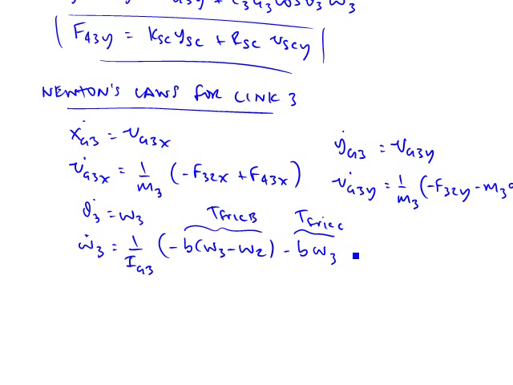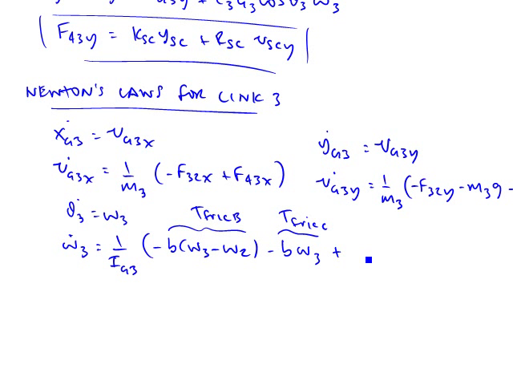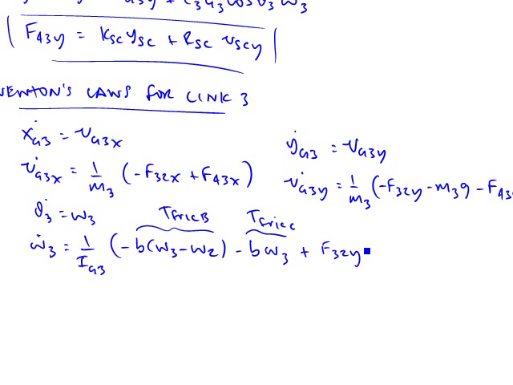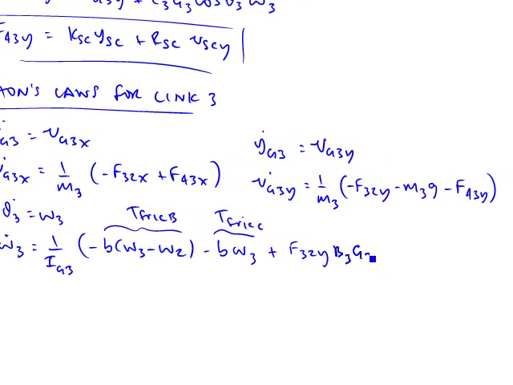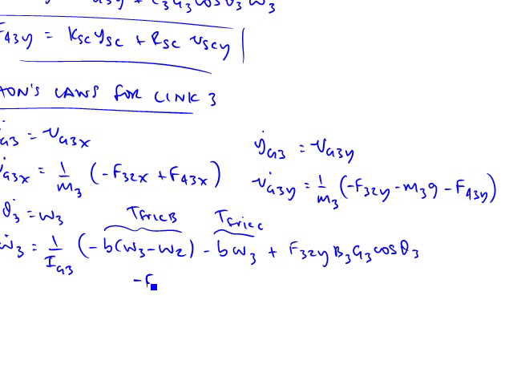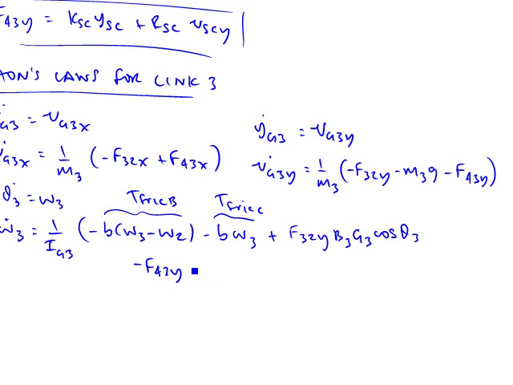And then, of course, I've got the moments due to the pin forces. Link 3 was drawn in the fourth quadrant, so I've got to be careful. I believe I'm going to get a plus F32Y times B3G3 cos theta 3. I should get a minus F43Y G3C3 cos theta 3.